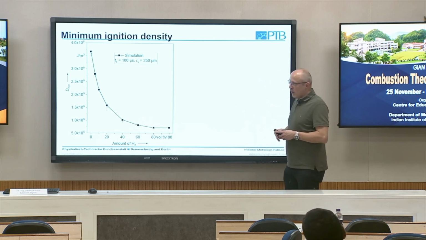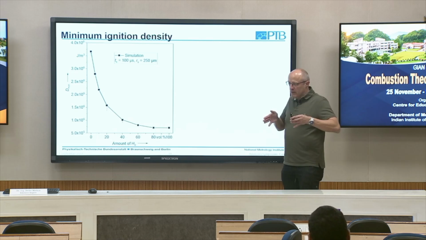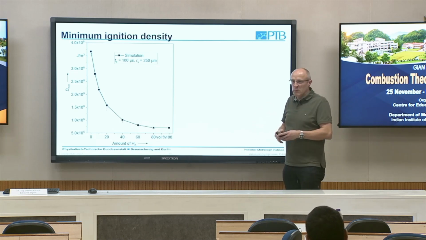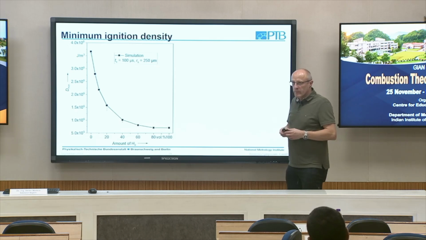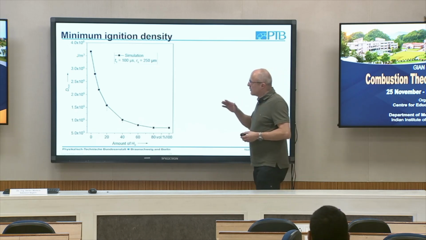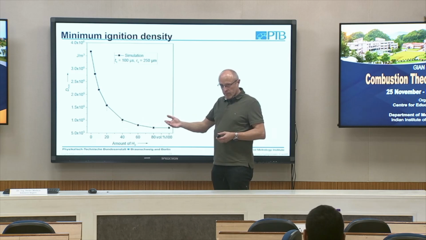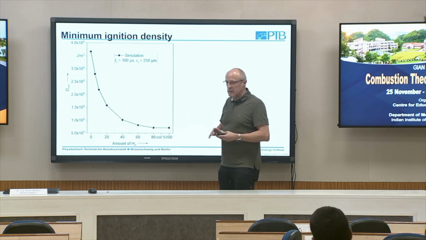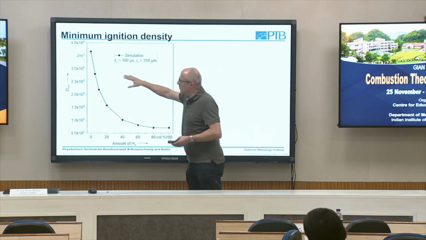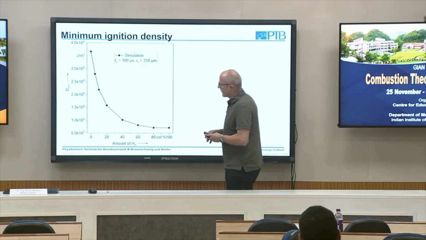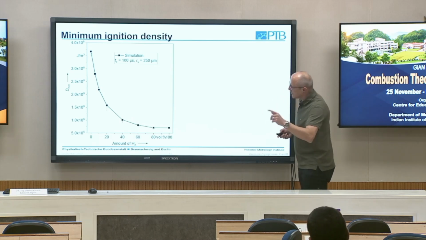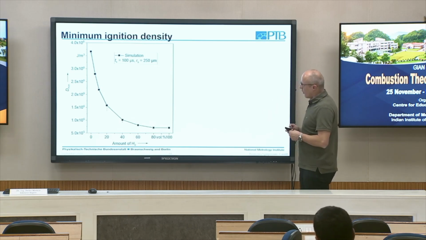Here, in the case of ammonia, the energy is deposited in a channel which has a radius of nearly 1 millimeter or even more. So we have much higher energy, but we also have a much larger volume where the energy is deposited. So the energy density difference is quite small when we compare ammonia with hydrogen.